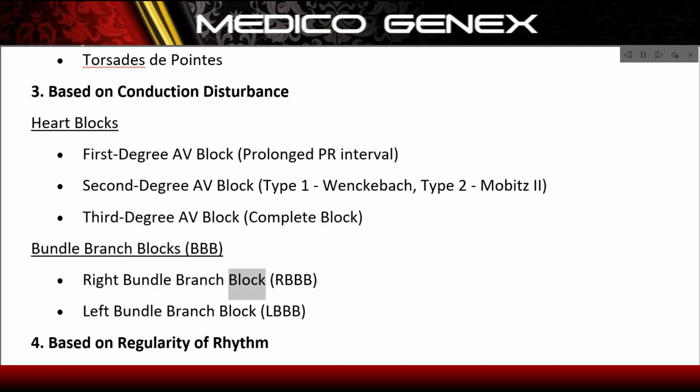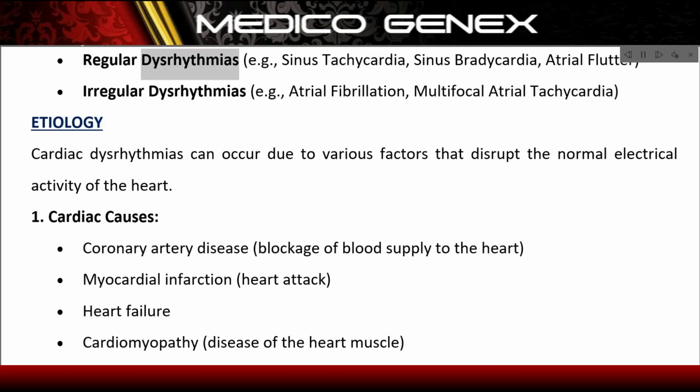Right bundle branch block, RBBB. Left bundle branch block, LBBB. 4. Based on regularity of rhythm. Regular dysrhythmias, example sinus tachycardia, sinus bradycardia, atrial flutter. Irregular dysrhythmias, example atrial fibrillation, multifocal atrial tachycardia.